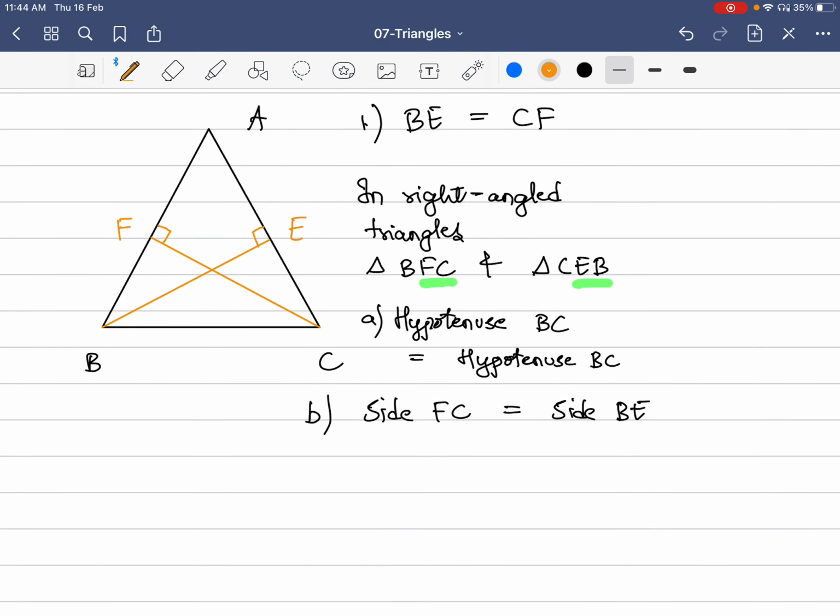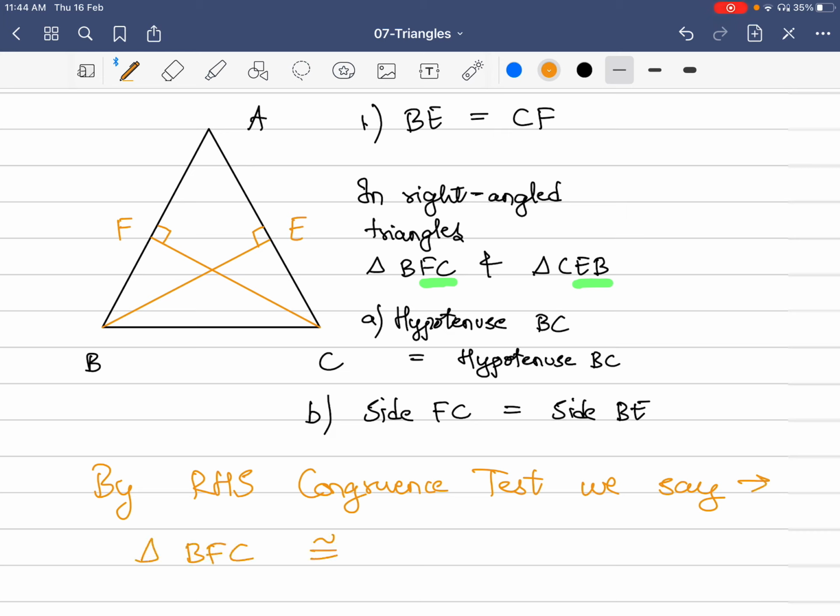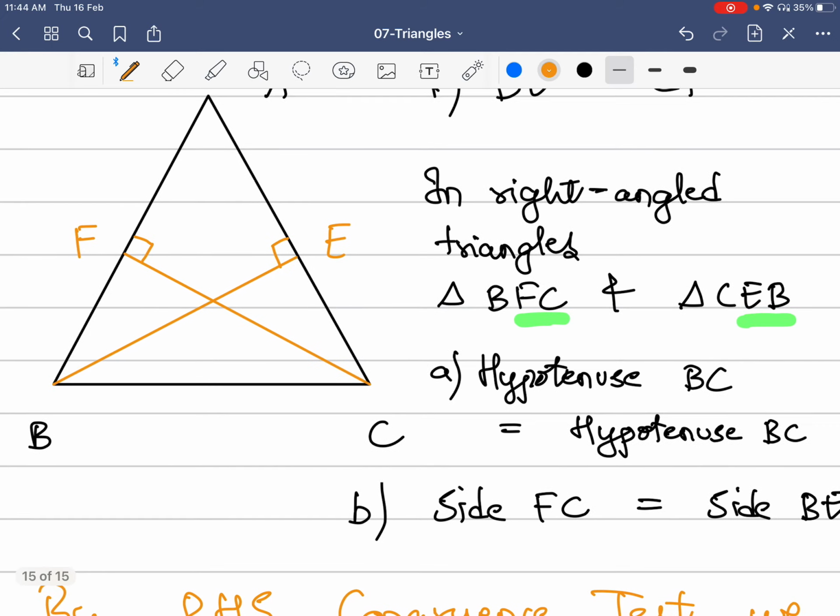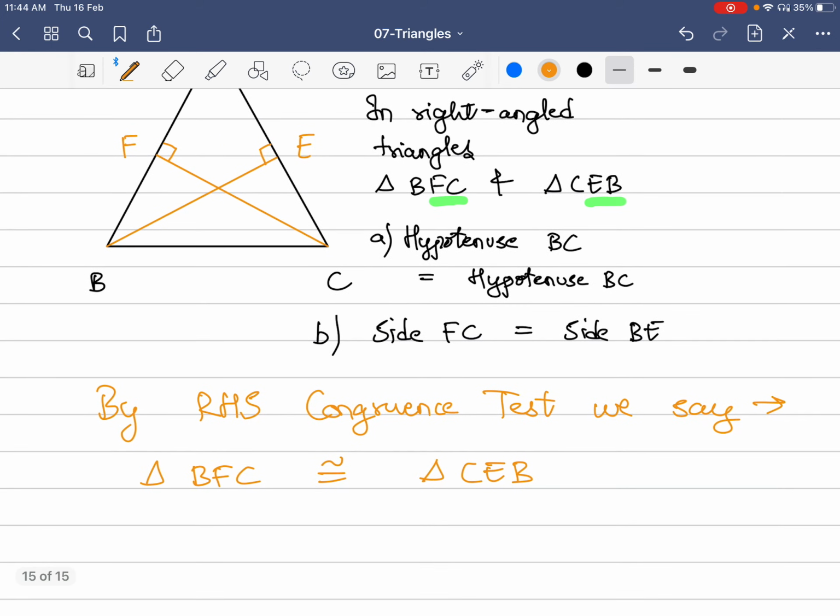I'm just going to write it down. By RHS congruence test, we say that triangle BFC is congruent to triangle CEB. These two triangles are congruent to each other.